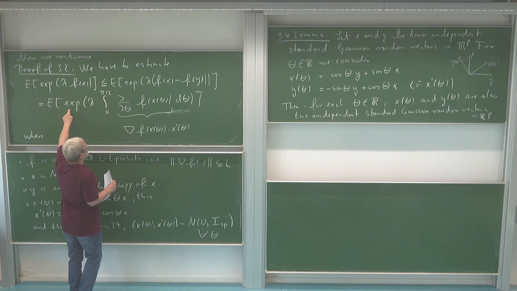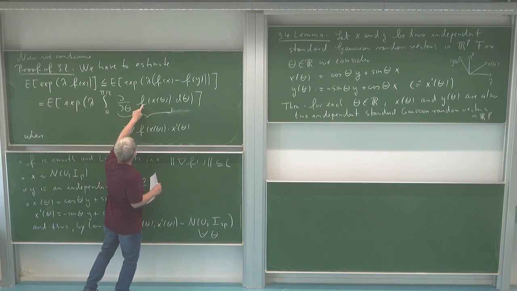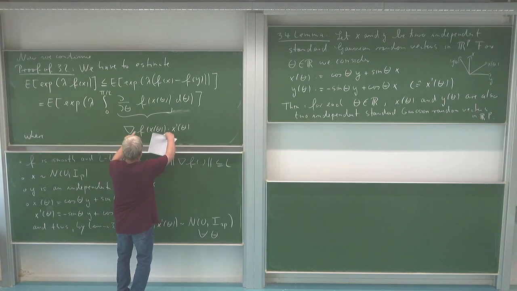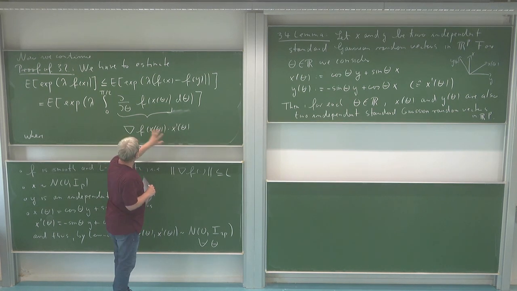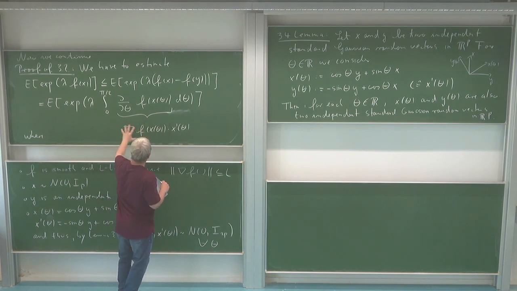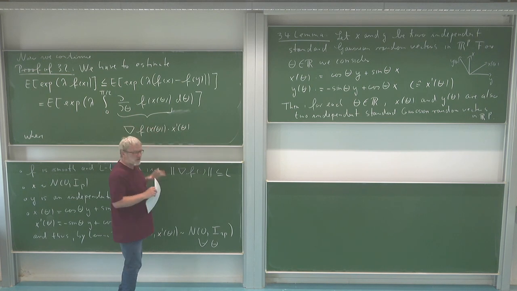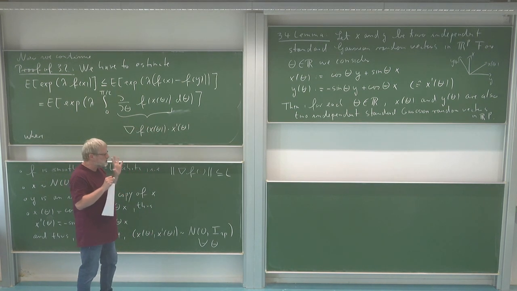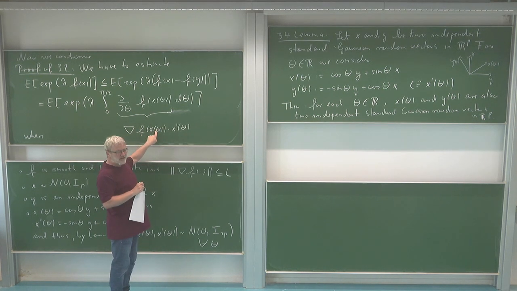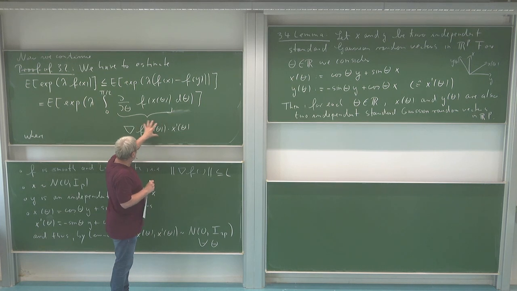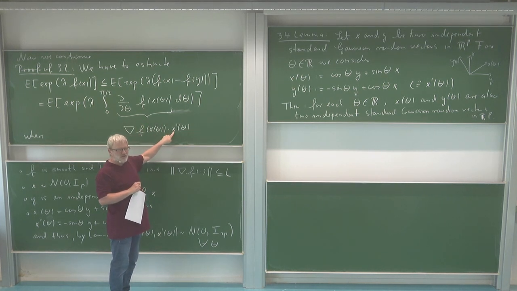Okay, so I mean, we know something. The point is, here we have a Gaussian vector. So this has a Gaussian distribution. What I have here, if I'm fixing x of theta, is a vector multiplied with a Gaussian vector.